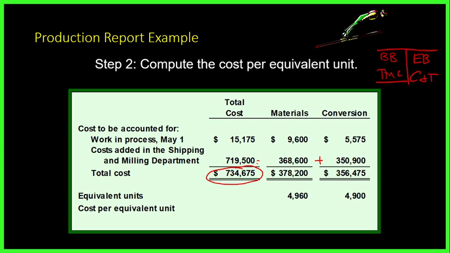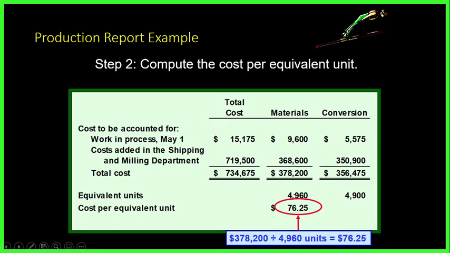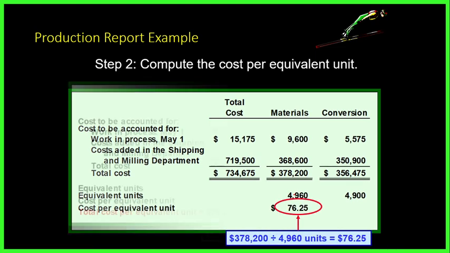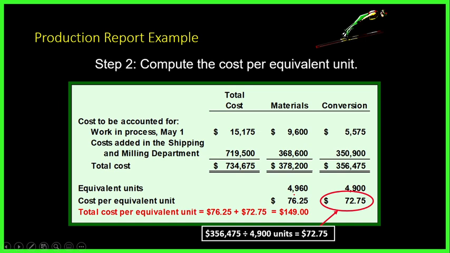Okay po. So this is now the total cost for your materials and conversion, coming from the beginning and this month, divided by the equivalent units of production, and the cost per EUP will be 76.25 and you will have 72.75 for a total of 149 for materials and conversion.